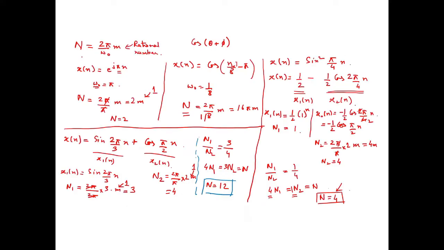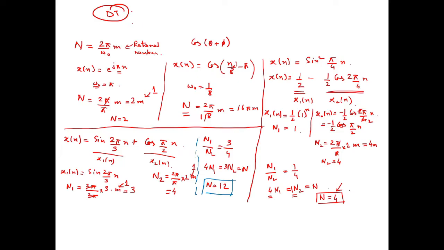Now, I will mainly discuss discrete time periodicity and not continuous time, because digital signals are basically discrete time signals, and I do not have time to cover continuous time periodicity also. So in your syllabus, we will be basically discussing periodicity in terms of discrete time signals.